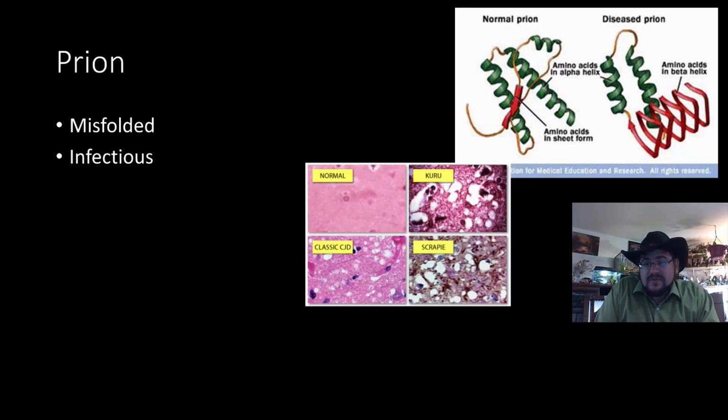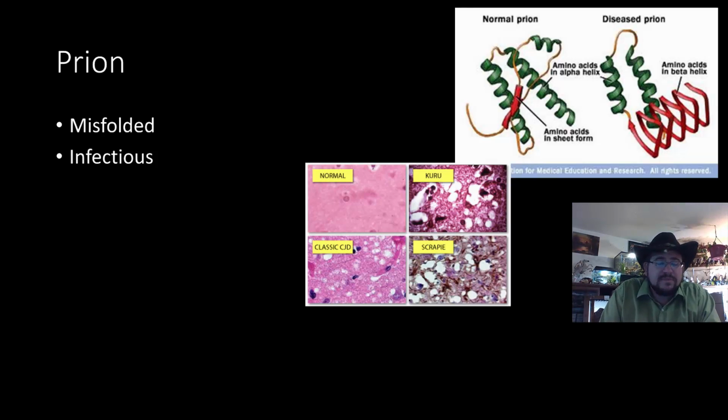How does that work? Basically, when a prion encounters another protein in the body that could become one, and that protein touches the prion, comes into contact with the prion, it automatically misfolds into a prion. So prions convert normal proteins into prions. This is bad.